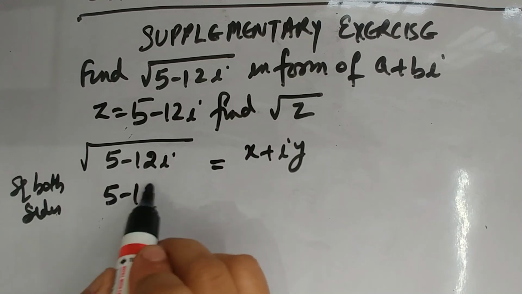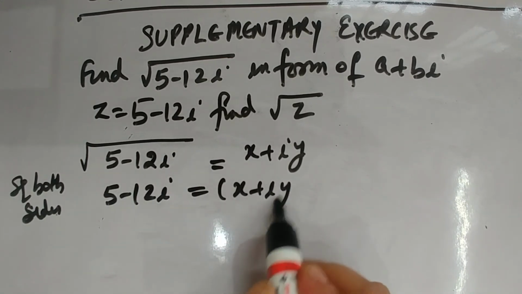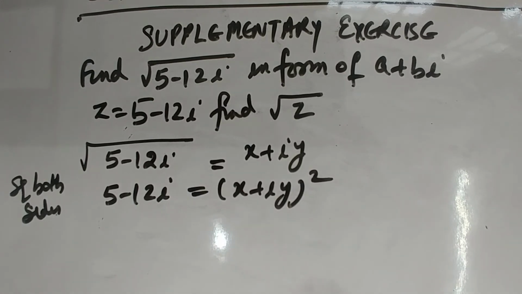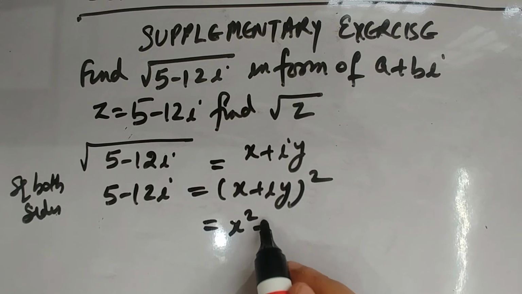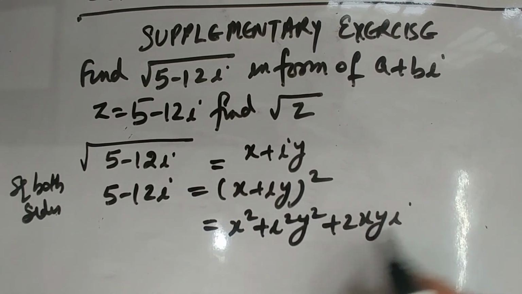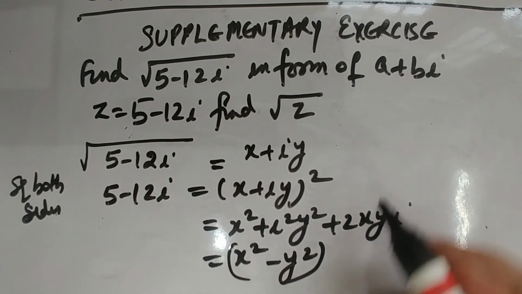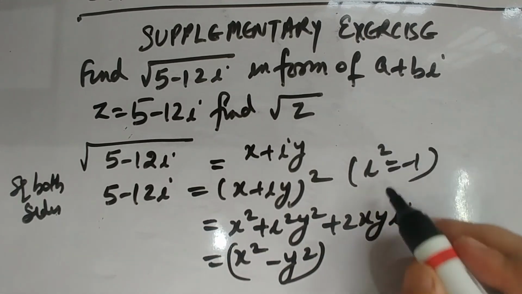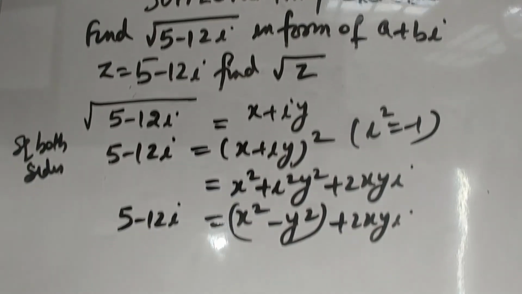So 5 minus 12 iota equals x plus iota y whole square. It is x square plus iota square y square plus 2xy iota, which is x square minus y square, as iota square is minus 1, plus 2xy iota, and this equals 5 minus 12 iota.